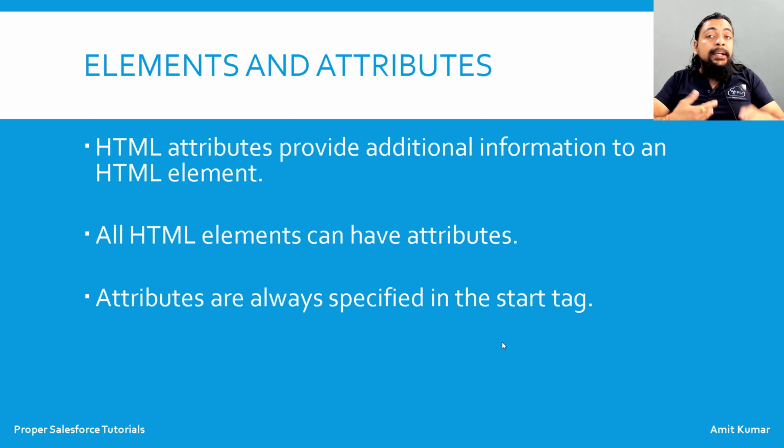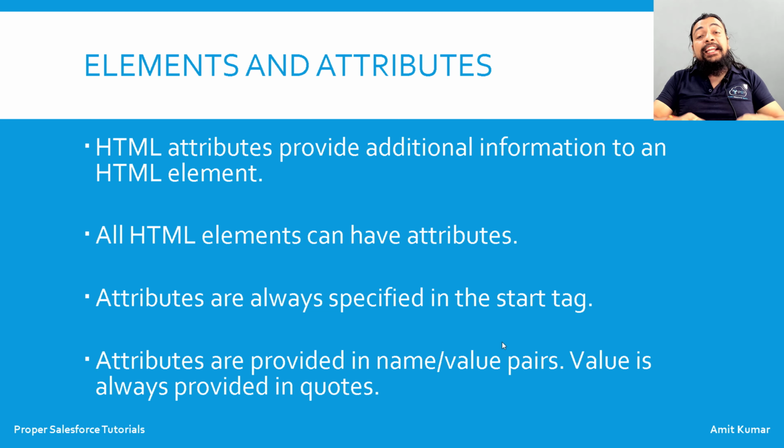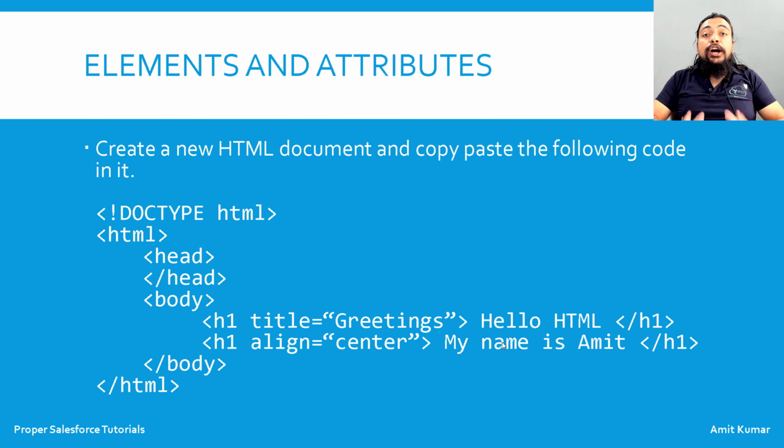Whatever attribute you are specifying for an element, you can't specify it in the closing tag. It should be specified in the opening tag itself. Attributes are provided in name value pairs. Whenever you provide an attribute, there will be a name and a value, and the value of the attribute will be inside quotes.